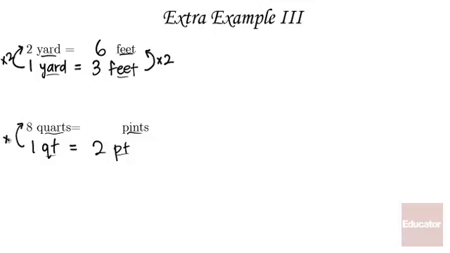You multiply. It's always going to be multiplication or division. You're not going to add 7 to get 8. You don't do plus and minus, you do times and divide. So 1 times 8 is 8, right? So I need to multiply this by 8, which is 16. So 8 quarts is equal to 16 pints.